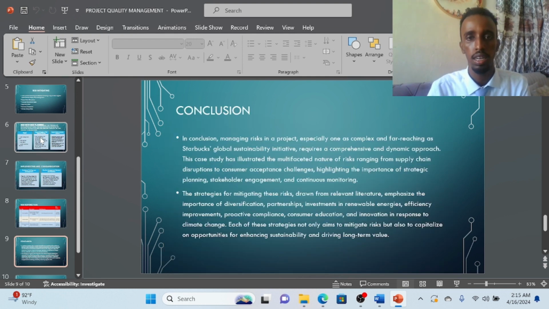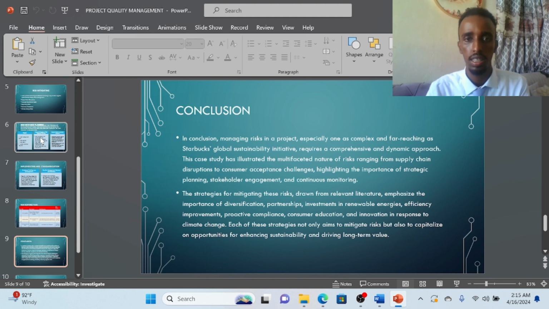In conclusion, managing risk in a project as complex and far-reaching as Starbucks' global standardization initiative requires a comprehensive and dynamic approach.